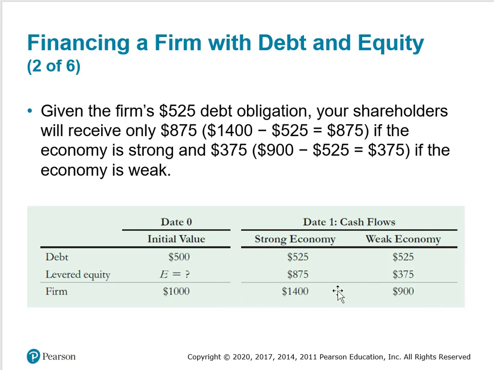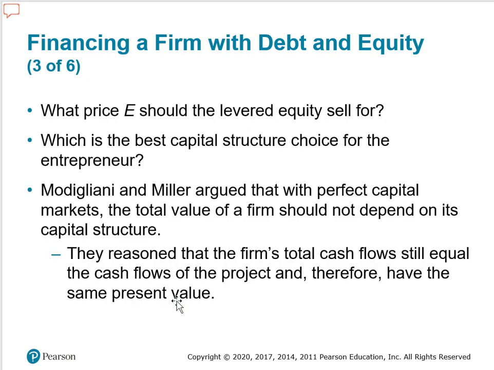The law of one price, which we've talked about a couple of times: if the cash flows are the same, then the value to the firm is the same. It's $1,000. So solving for equity, this levered equity is now worth $500. You just solve for the missing value.